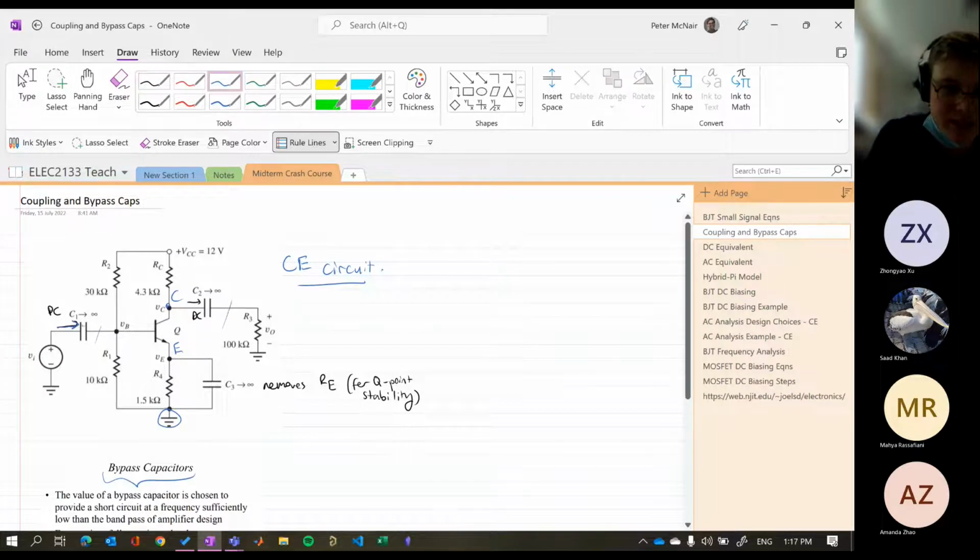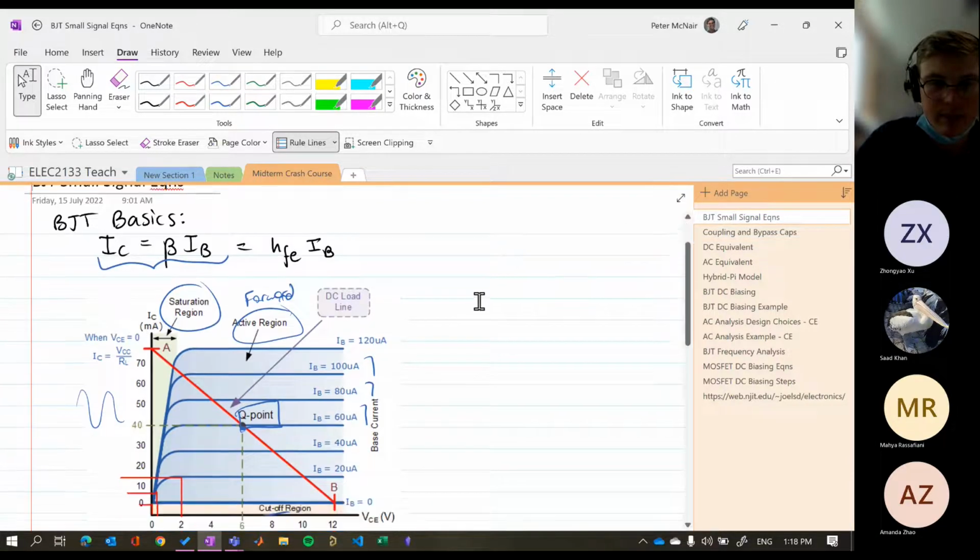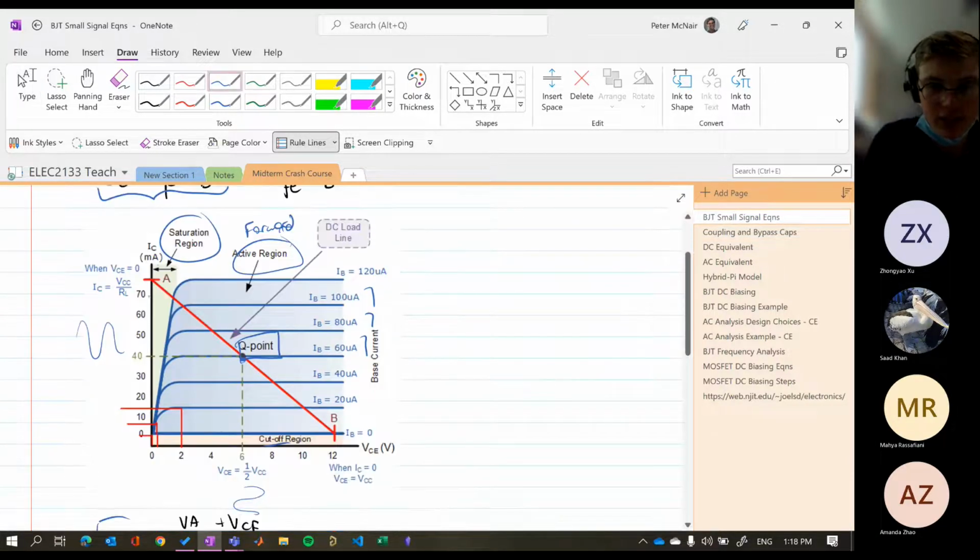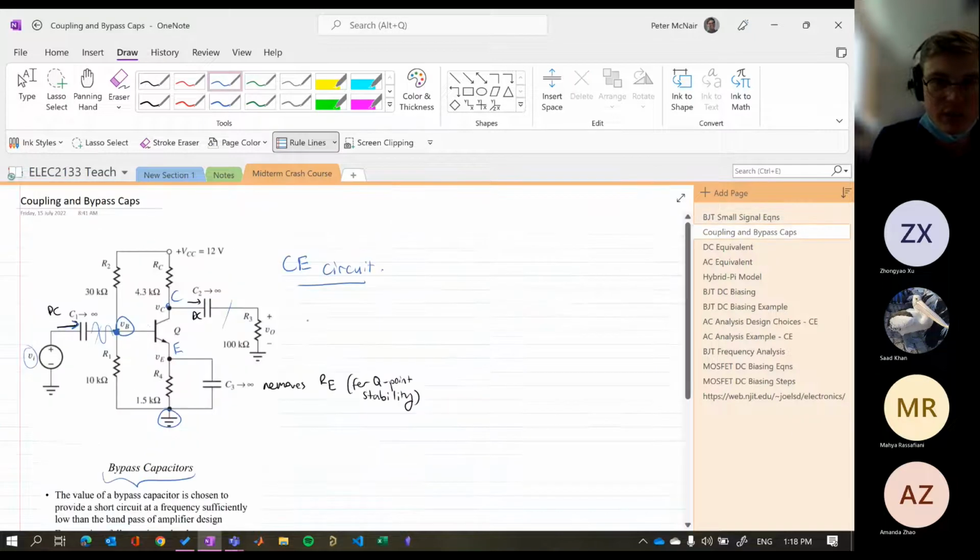So the DC hits this capacitor and gets blocked from our input signal, and we just get AC differences. The reason we do that is so we don't affect the biasing point. Because you can imagine if our biasing point suddenly pulls us into, say, cutoff or saturation region, then we're not going to be seeing the correct output that we're interested in. And the same goes for this capacitor, so our biasing point won't affect our output voltage.